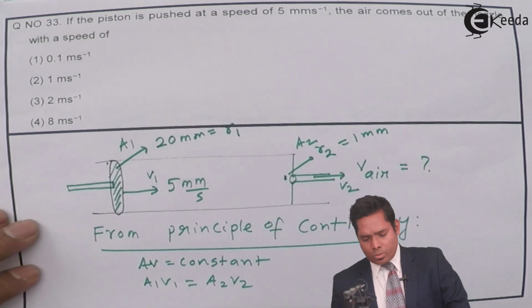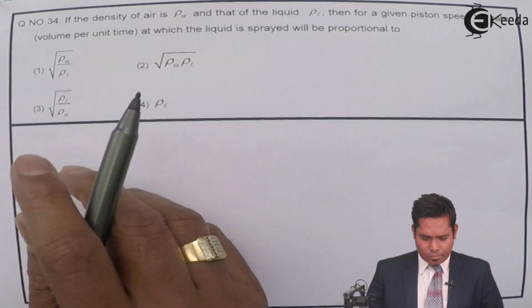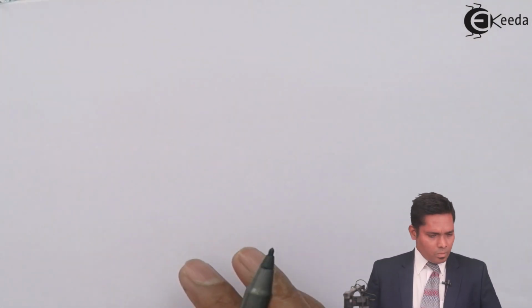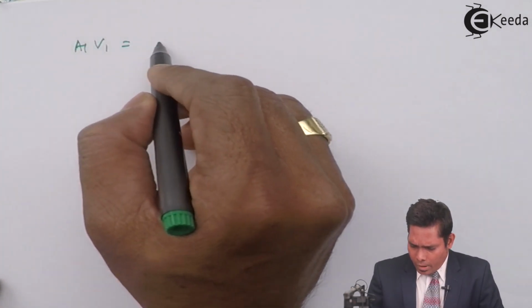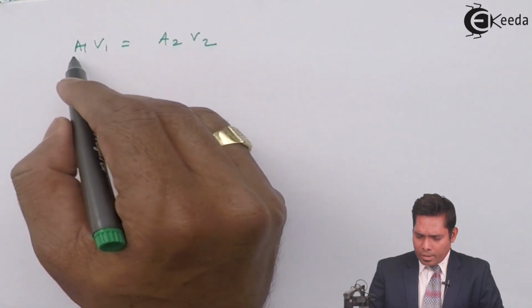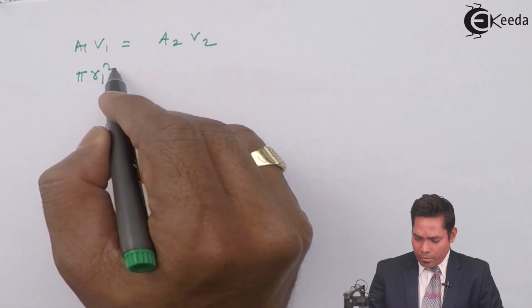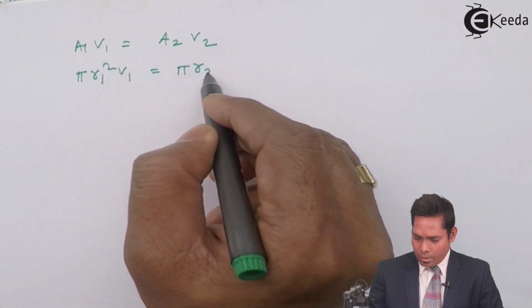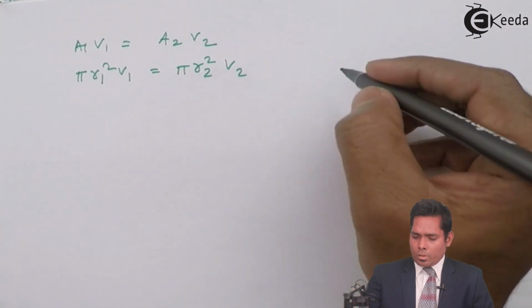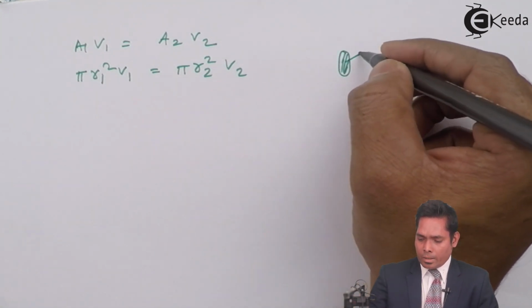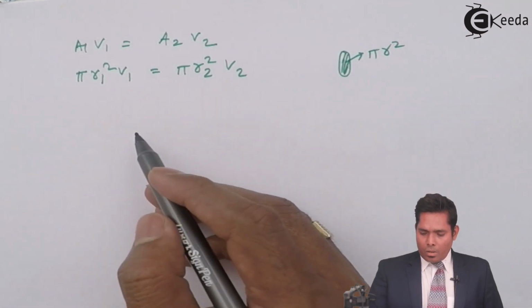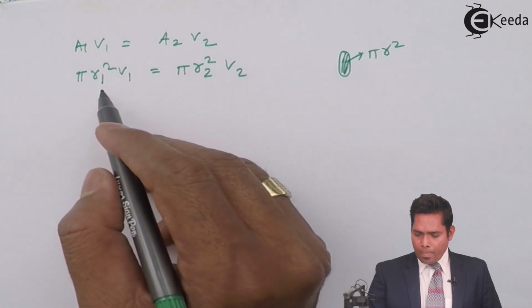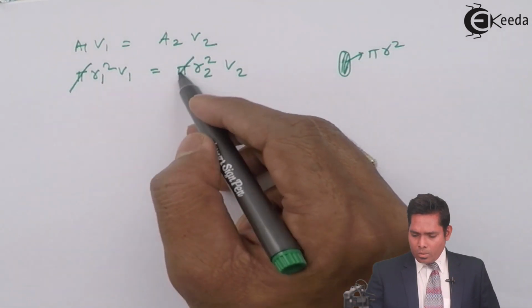Applying this, we have A1 V1 = A2 V2. A1 is pi R1 square, and A2 is pi R2 square. The area of cross section of a circular part is pi R square. Now pi will cancel out.